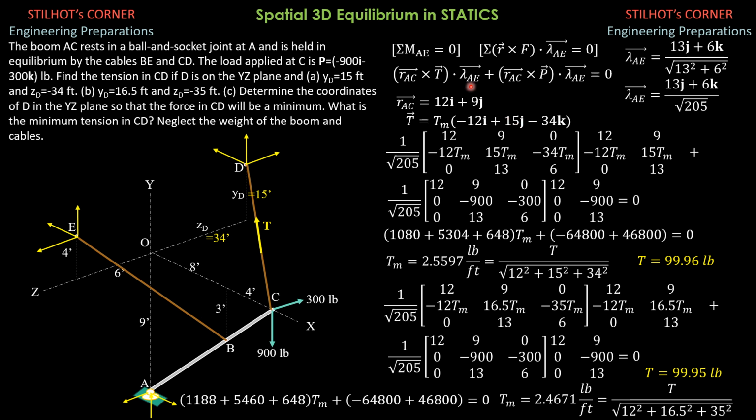We then substitute into that equation. This is the expansion, since the unit vector of AE has this square root of 205, I just factor it out.